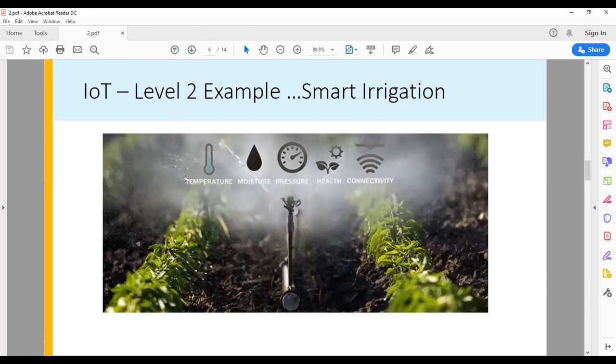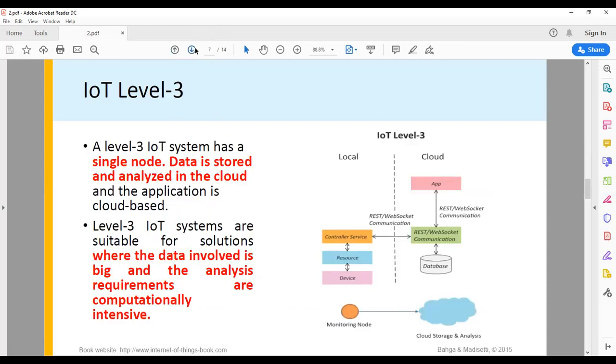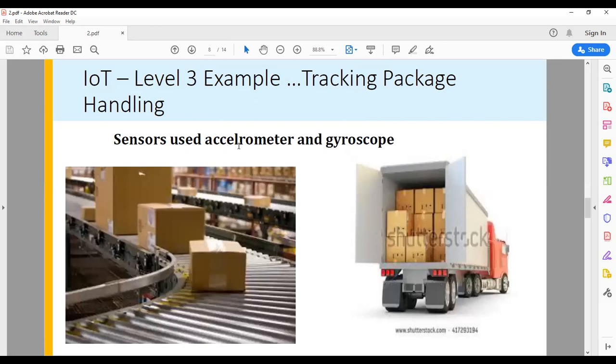So in level 2, real time computation and real time prediction are not that much required, comparatively. In level 3, real time prediction is required, the computational time should be fast, and then the actor should act accordingly. For example, you can see the sensors of accelerometer and gyroscope.